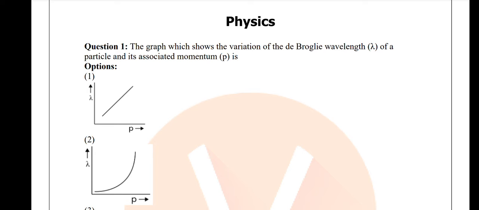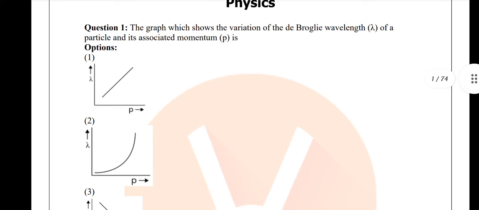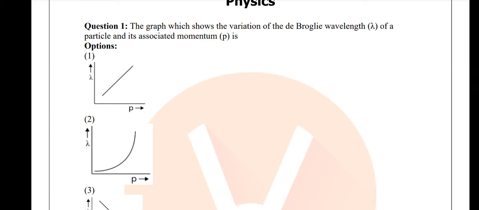The options they've given: the y-axis is de Broglie wavelength, and the x-axis is the associated momentum. The first graph shows the de Broglie wavelength also increases with the associated momentum. The de Broglie wavelength increases but the associated momentum remains the same.